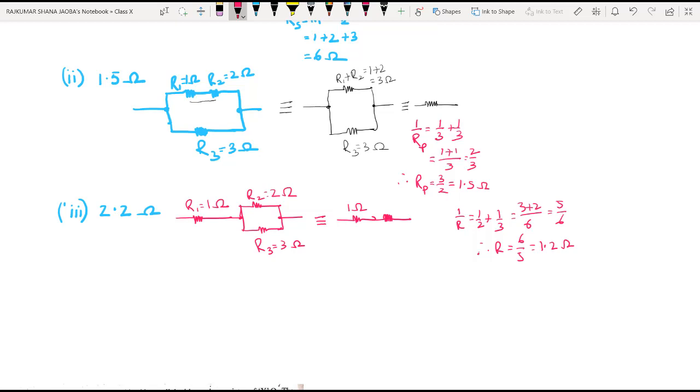So the equivalent of 2 and 3 in parallel is 1.2 ohms. Then finally the 1 ohm and 1.2 ohms in series, we get 2.2 ohms.